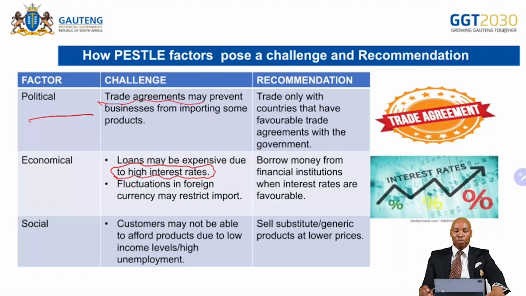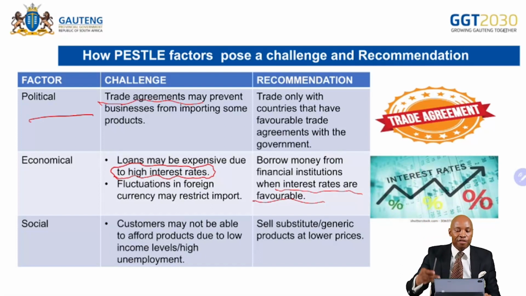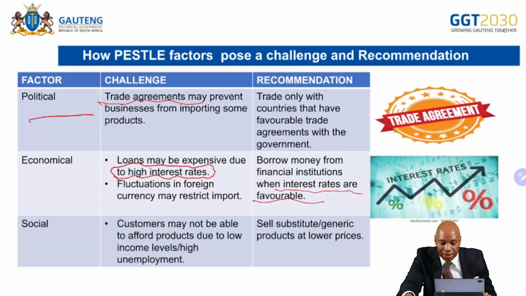Now, what is the recommendation? Your recommendation should be based on what? Your recommendation should be based on interest rates. Let us take the recommendation together. It says, borrow money from financial institutions when interest rates are favorable, because the interest rates have posed a challenge. How?